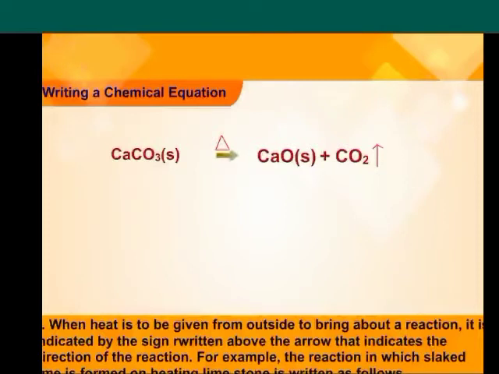For example, the reaction in which quicklime is formed on heating limestone is written as follows: CaCO3 (s) → (triangle) CaO (s) + CO2 (upward arrow).